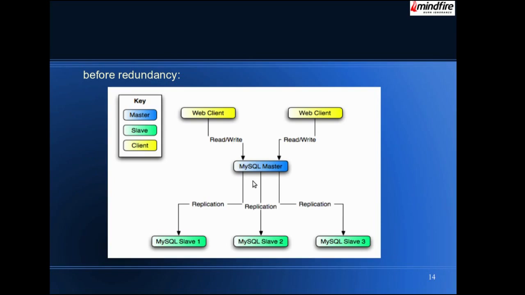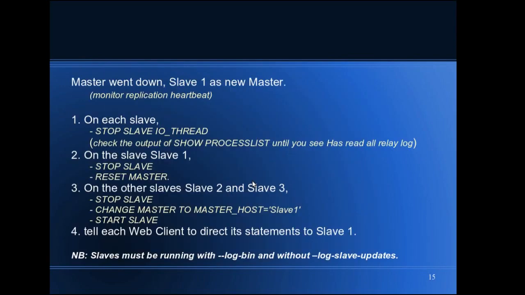We have a global variable called slave heartbeat period. When that variable is set, we can set it to any number of seconds we want, and the master sends a heartbeat to the slave in that particular interval of time.